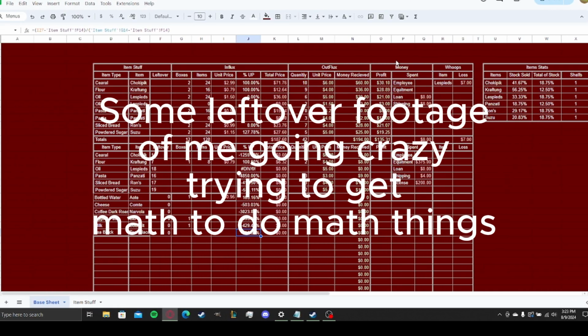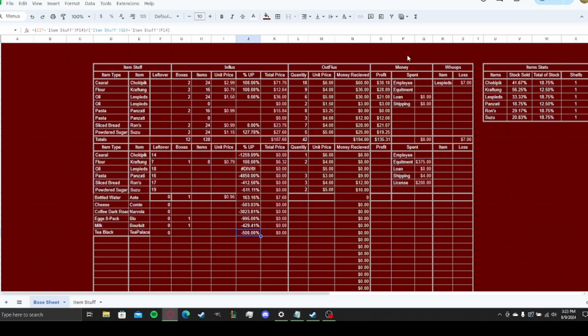I kind of want to show a little behind the scenes of all this mess. You can see this comb being real weird. All this is a mess, by the way.